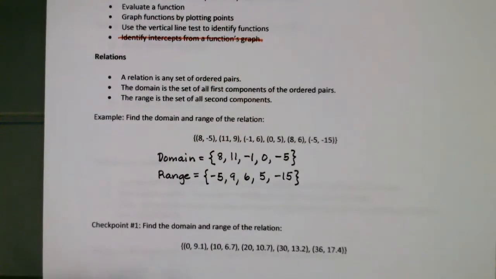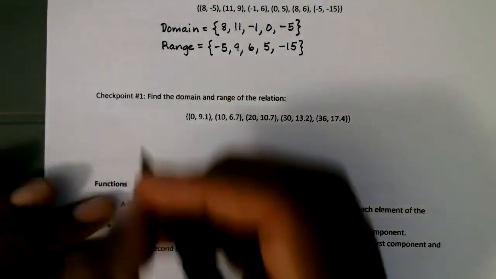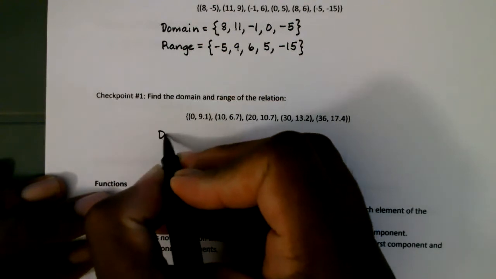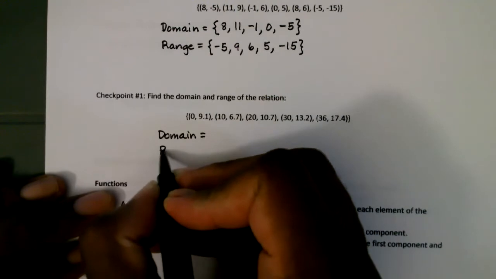All right, here's another example of this. Let's say I want to find the domain and range of this relation: (0, 9.1), (10, 6.7), (20, 10.7), (30, 13.2), and (36, 17.4). I want to identify the domain and the range of this relation.